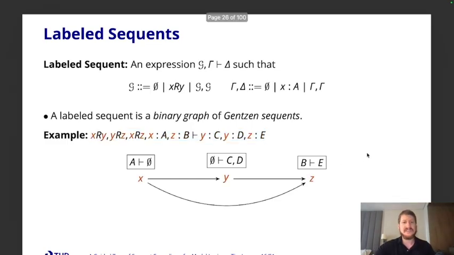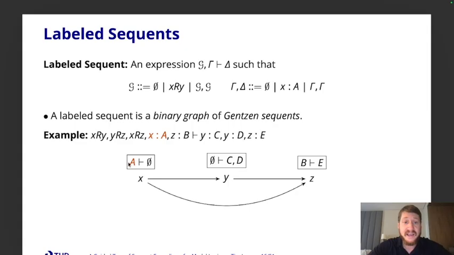So let's see how you go from the labeled sequent to the graph. You can think of the labels, as I said before, as vertices inside of this graph, x, y, and z being the vertices. The relational atoms encode the edges inside of the graph. And then the labeled formulae tell you which Gentzen sequents are labeling which vertices of the graph. So I have A associated with x in the antecedent.